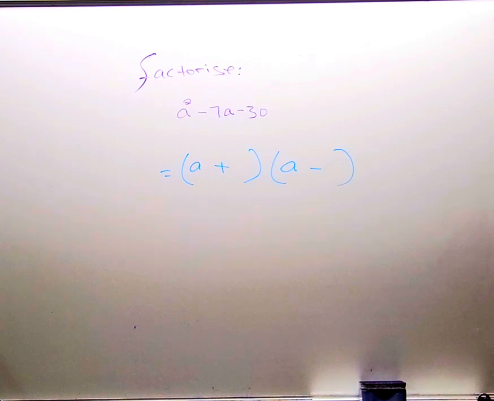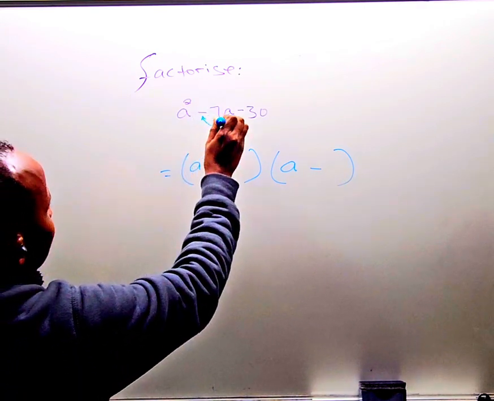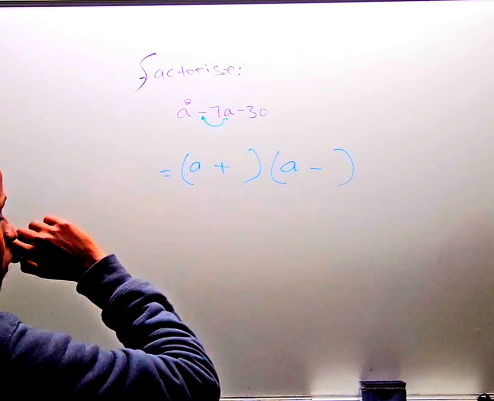Here, I am almost done, but something is still missing. What should I put then? What will be the last term in each bracket? In order to get this, we need to check the middle term, which is minus 7a.